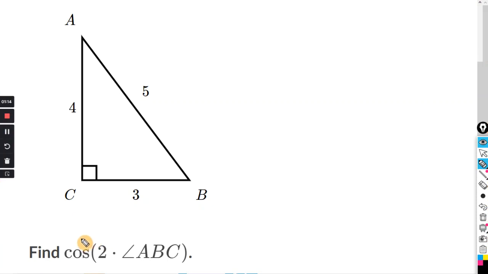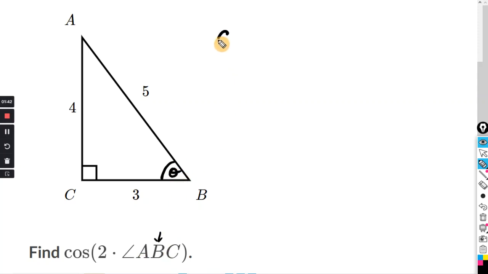Right here, they want us to find the cosine of 2 times angle ABC. Basically we're looking at the letter in the middle to find the vertex angle, so that's going to be angle B. I am going to make that angle theta, just a Greek letter representing the angle measurement.